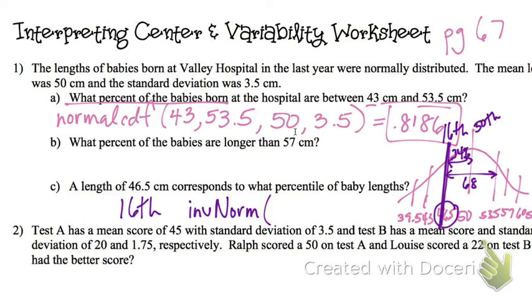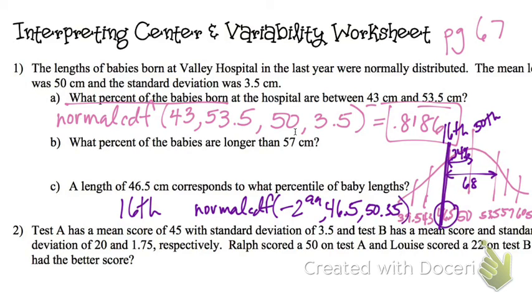Oh, wait, hold on. This is the wrong thing. One way you could have done this is normal CDF from negative infinity to 46.5, and then 50 and 3.5.